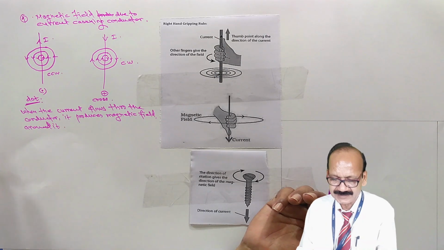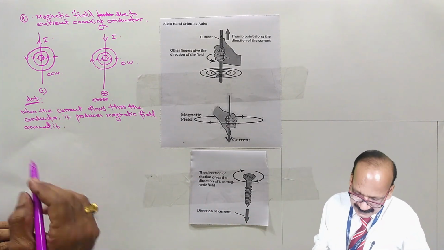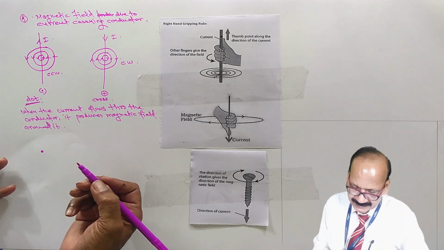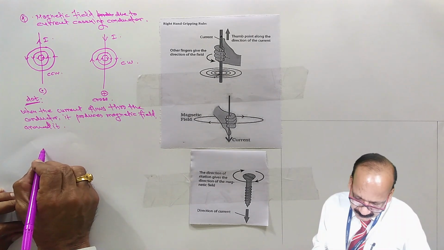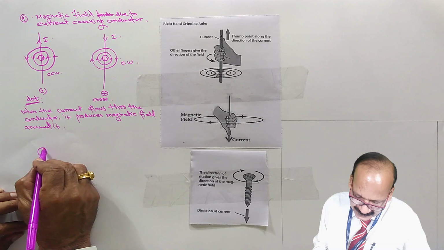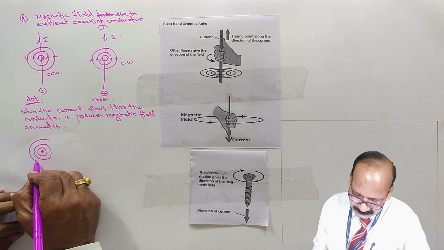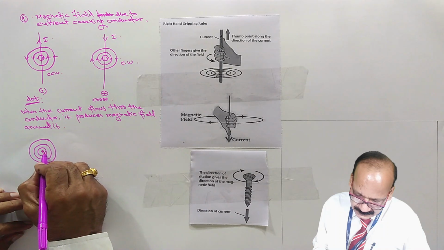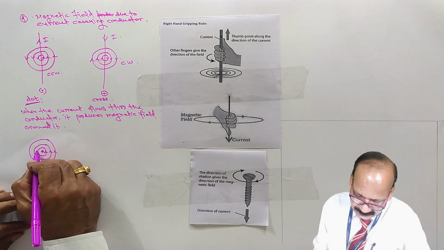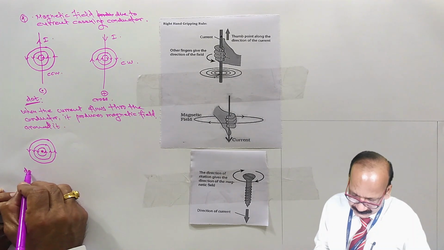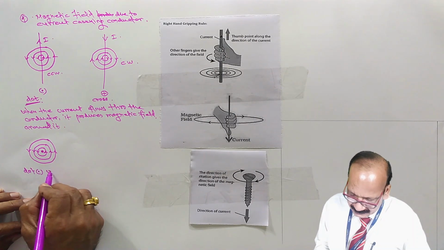But before that, let us show the magnetic field. See, this dot indicates that it is an upward current. So for the upward current, the direction of magnetic field is counterclockwise. So here it is, dot, upward current.